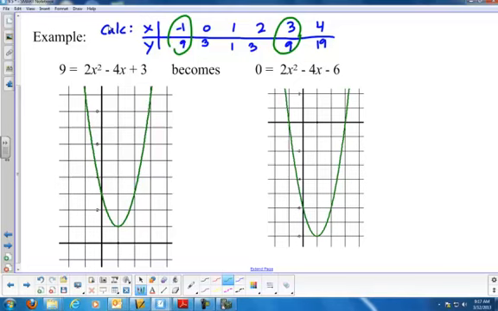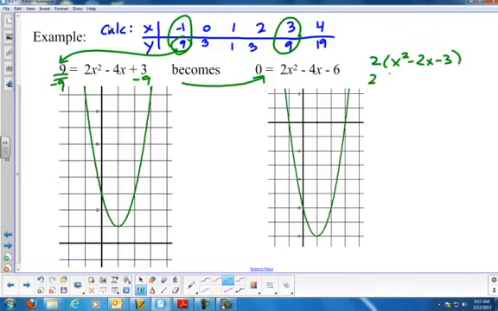We're going to look at that a little more algebraically now. If you plug 9 in for y, you can solve by subtracting 9 from both sides. So we get that. Next, you can graph that by taking out your greatest common factor. And this is factorable.